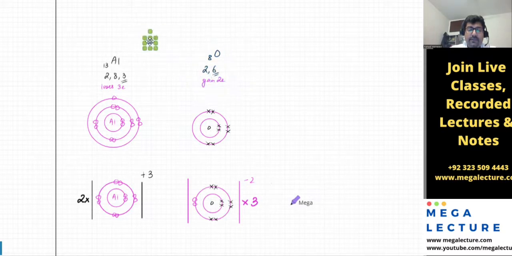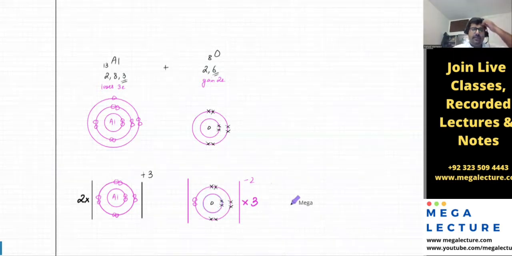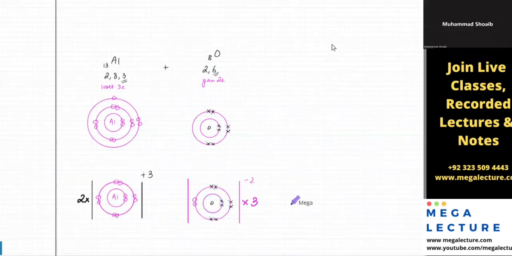If aluminium loses 3 electrons and you have 2 of them, then 6 electrons are lost. Oxygen gains only 2 electrons, and if you have 3 of them, that's 6 electrons gained. So the number of electrons gained and lost becomes equal. Is this clear to everyone? Yes, sir.